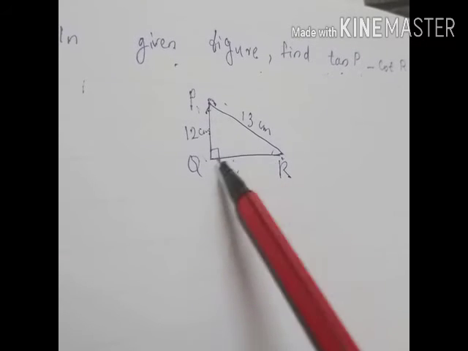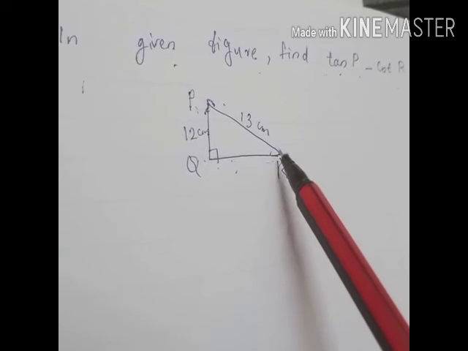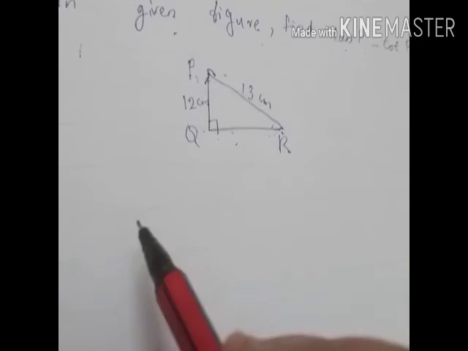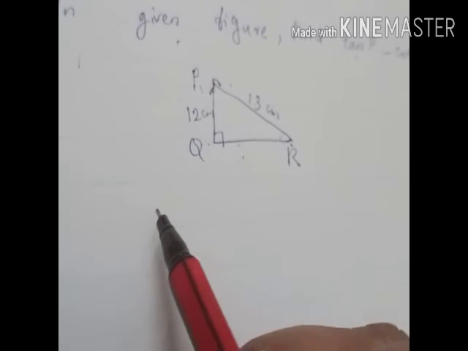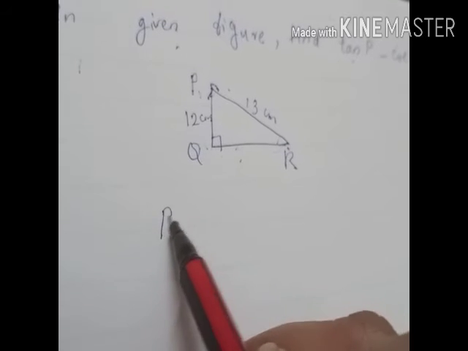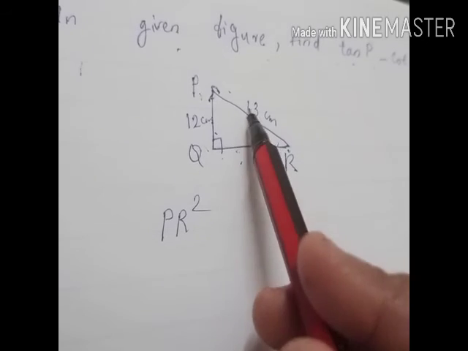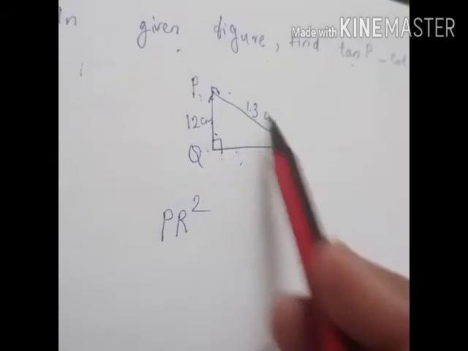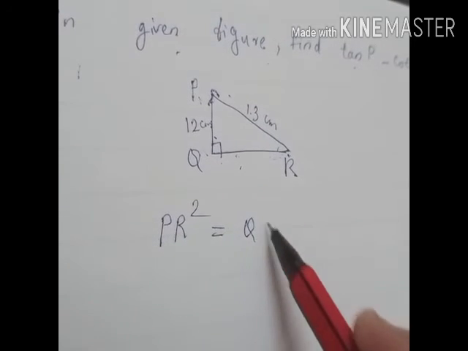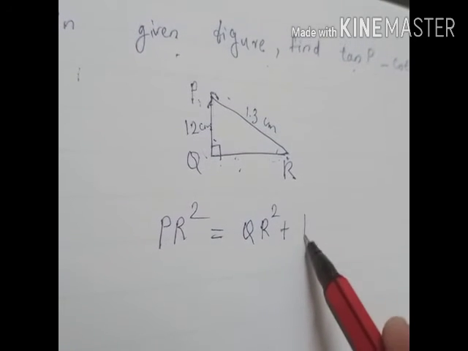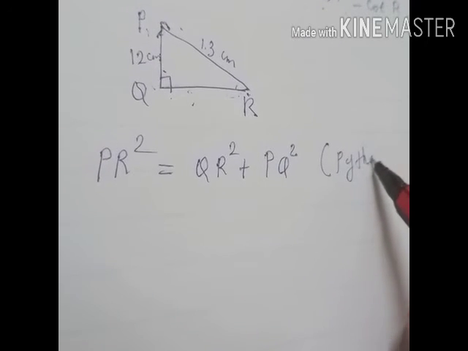So anyway, this third unknown side we want to find by which theorem? Pythagoras theorem. So by the Pythagoras theorem, we have to write PR square. Here the hypotenuse is side opposite to the right angle, that is PR. So hypotenuse square equal base square plus altitude square. This is the Pythagoras theorem.